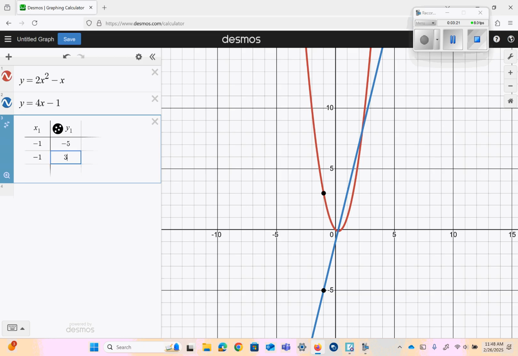Yeah. All right. So notice what we had found. The very first point, -1, -5, was a point on the derivative, whereas -1, 3 was a point on the original function. So sometimes with a graph, the exact same x-value won't be the exact same location from a regular graph to the derivative graph or vice versa. Okay?